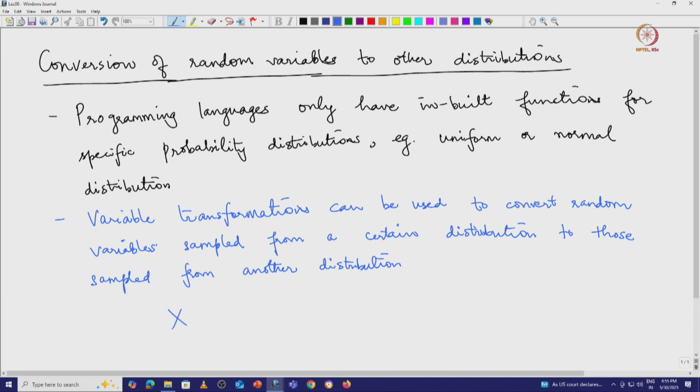Your computer for example only has a random number x that is sampled from the uniform distribution between 0 and 1. How do you convert this to a random variable y that is sampled from the exponential distribution with a parameter lambda, right? So is there a function which relates y to x?